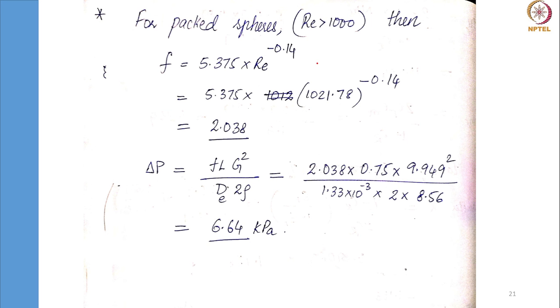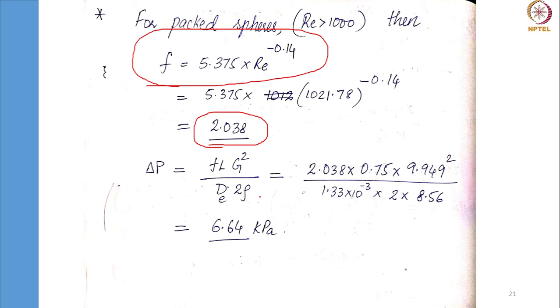For a packed bed of spheres having Reynolds number greater than 1000, I have this correlation for friction factor: 5.375 multiplied with Reynolds number to the power minus 0.14. So I get a friction factor of 2.038.